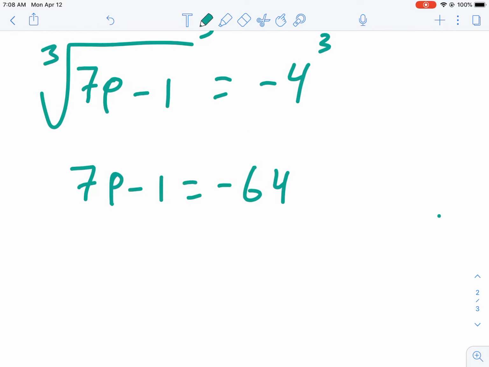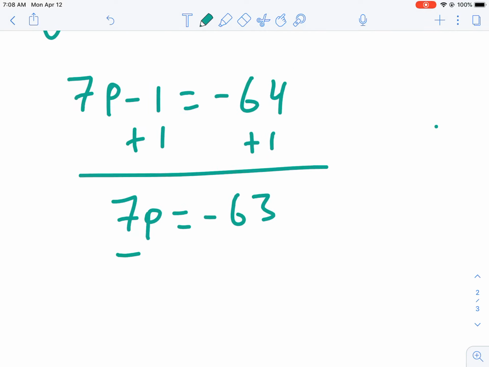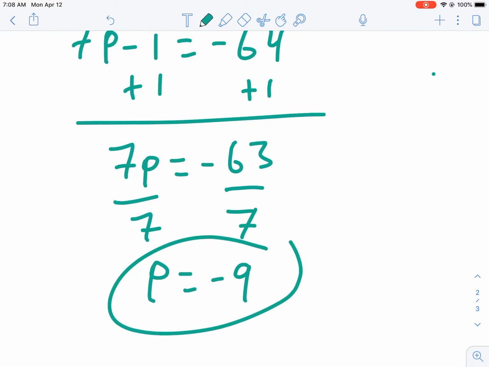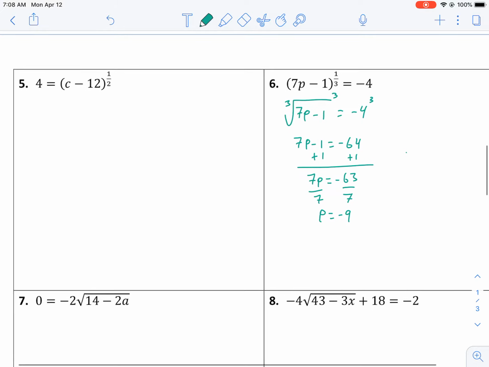I'm doing this off the top of my head. Hope that's right. And then you can just solve it from there. So, 7p equals -63, divided by 7, p equals -9. So that's just what you do if you have something like that.